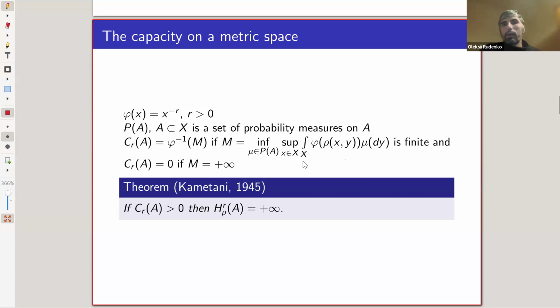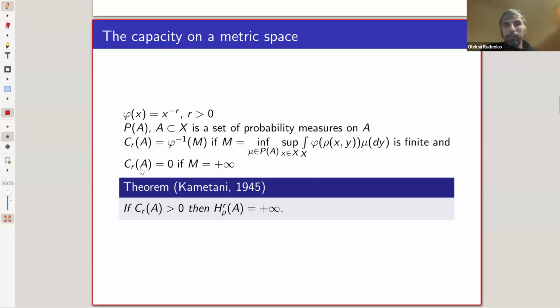Two situations are possible: the supremum is finite, or the supremum is infinite. When it is infinite, this is bad, we do not want that. So if at least one measure has finite value, then we can define this, and then we have the capacity corresponding to this distance, this set, and this function phi.